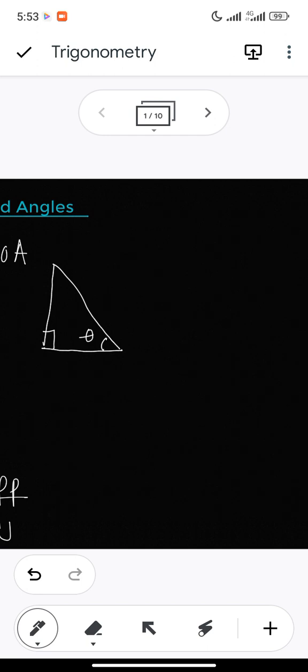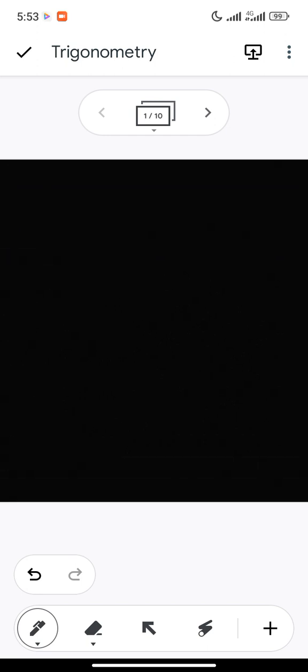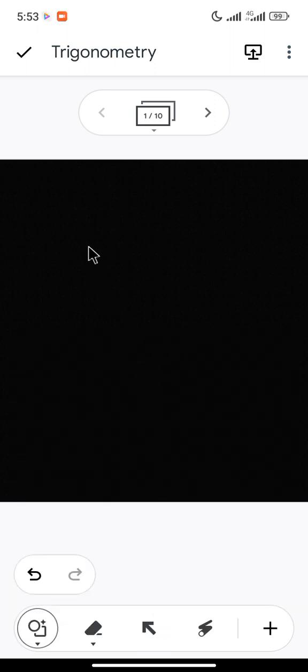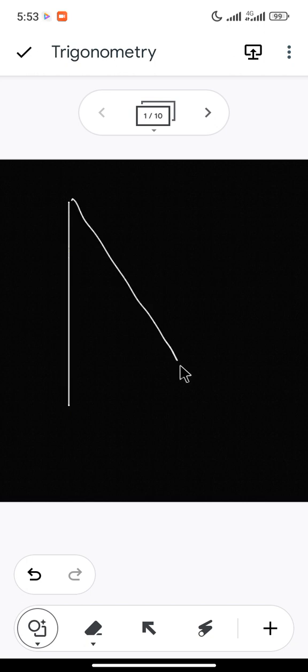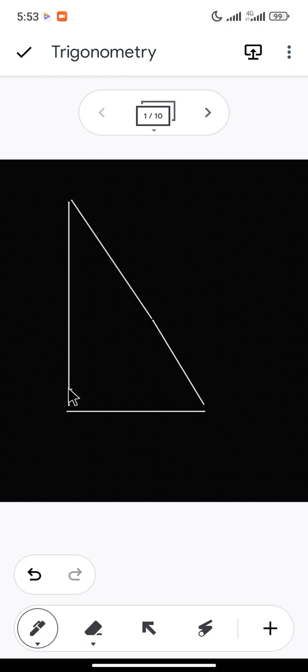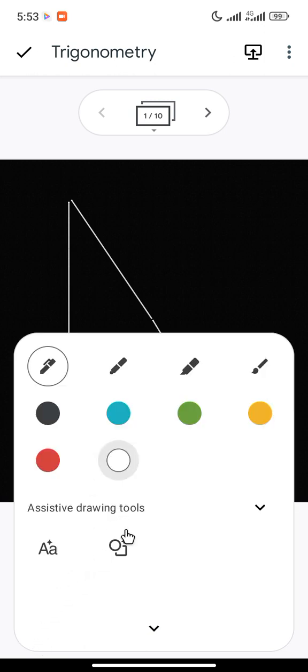Now how do you identify which side is the opposite, which side is the adjacent, and which side is the hypotenuse? So this is a right angle triangle. This is the 90-degree symbol.